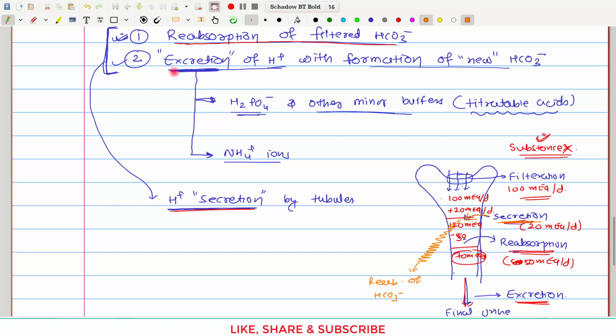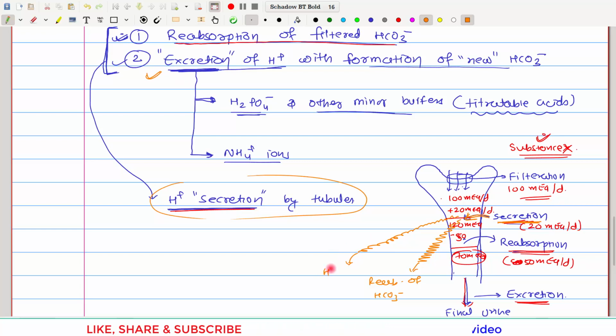To carry out the second function, that is excretion of H plus and formation of new bicarbonate, for this function also the story starts with H plus secretion in the tubule. It will follow a certain sequence of events and end with carrying out this function, that is excretion of H plus and formation of new bicarbonate.